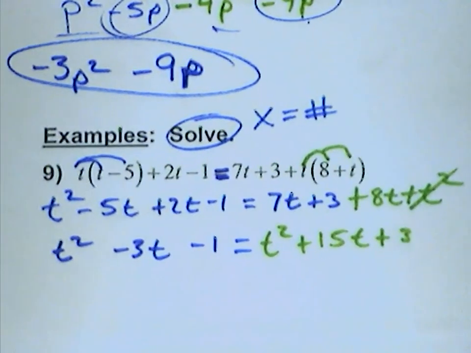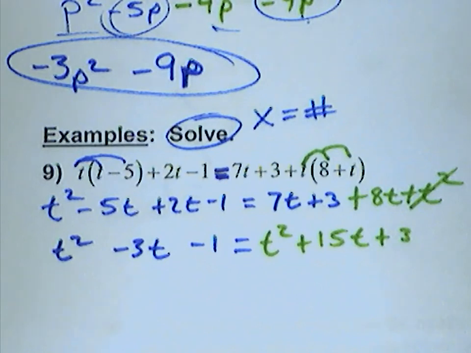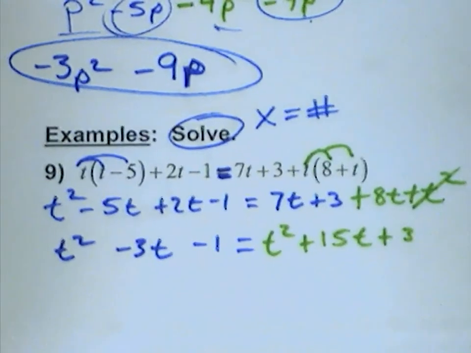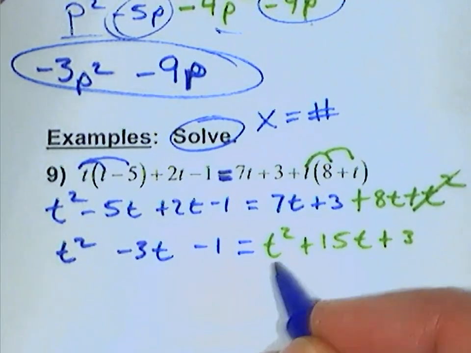Okay, so I've cleaned up the left side. I did that in blue. And then I cleaned up the right side. I did that in green. Okay, how are we doing? Did I lose anybody? Well, we want to solve for t, right? We want to get the t's on the same side and everything else on the other side, right? Well, how do we do that? Well, first off, let's move the t squareds over.